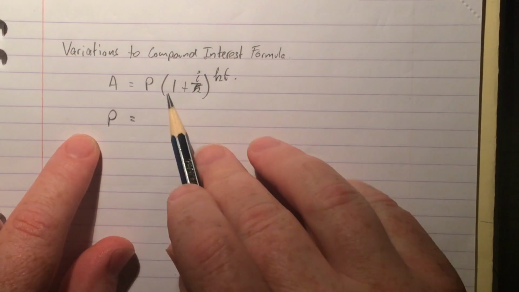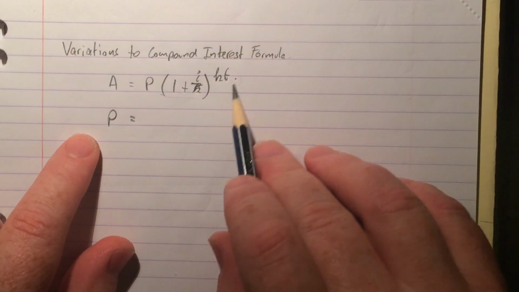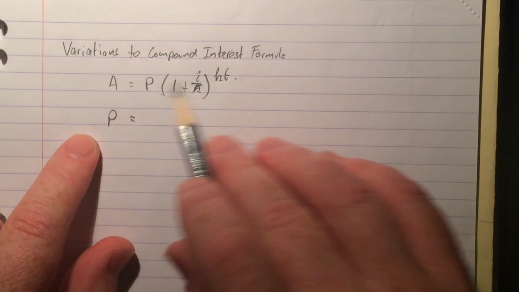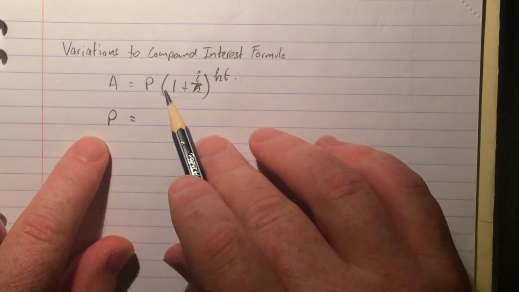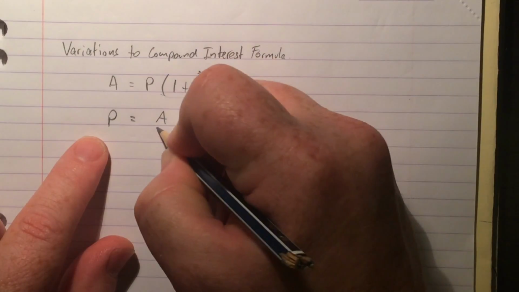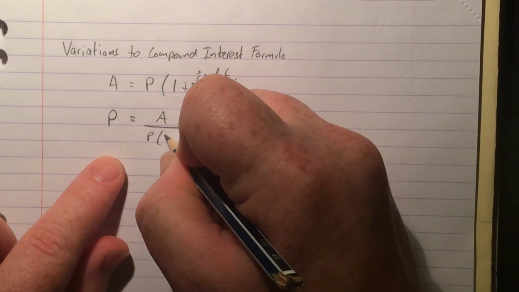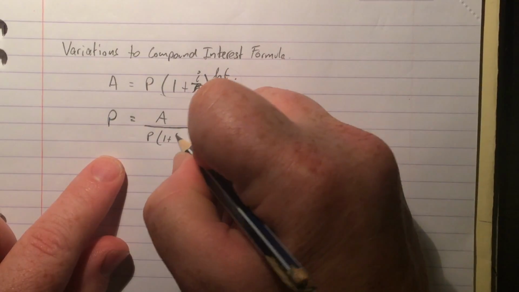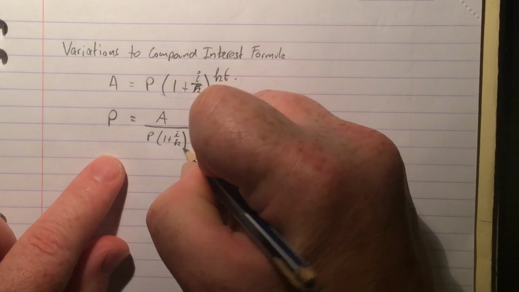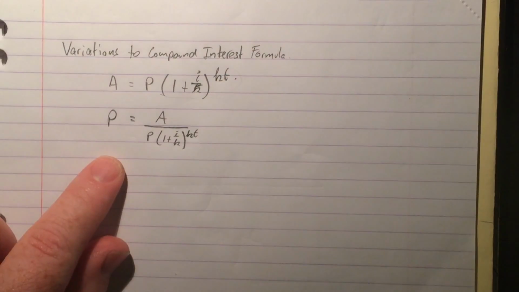When we do that, we're just going to take this whole term here and divide both sides by that. So that will isolate P on one side, and on the other side it'll give us A over P outside of 1 plus I over K to the power of KT.